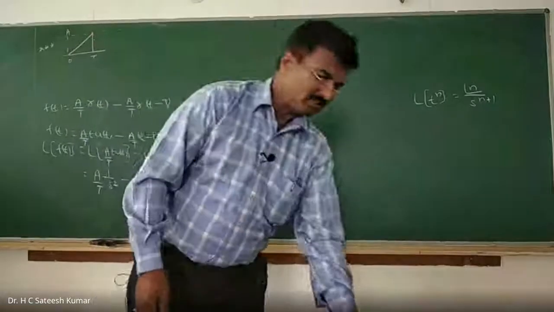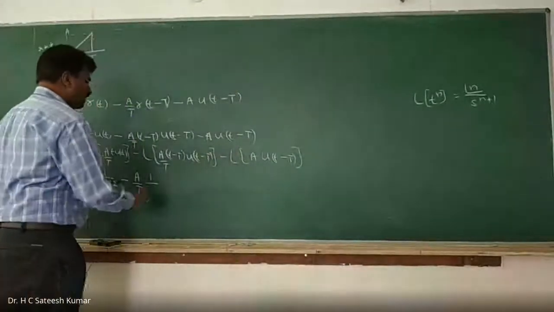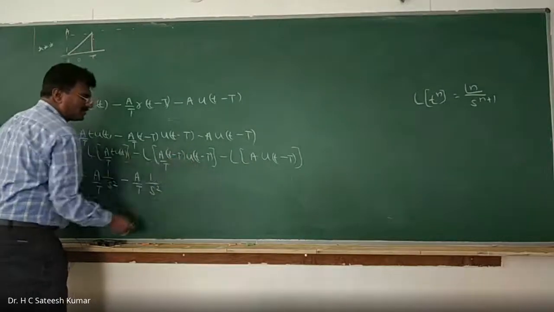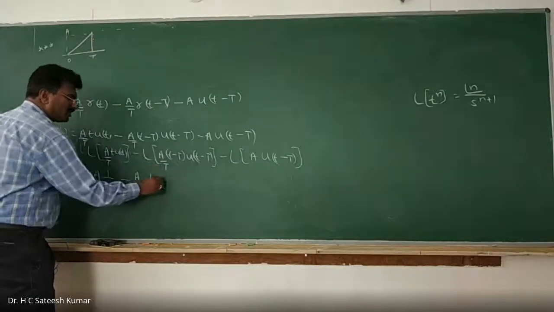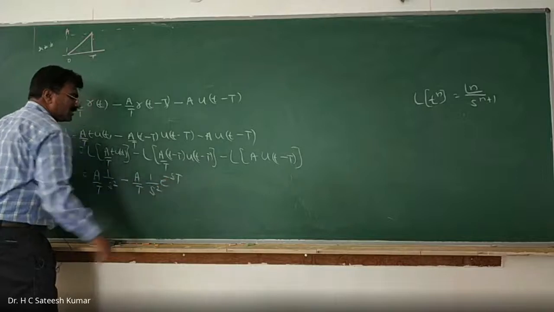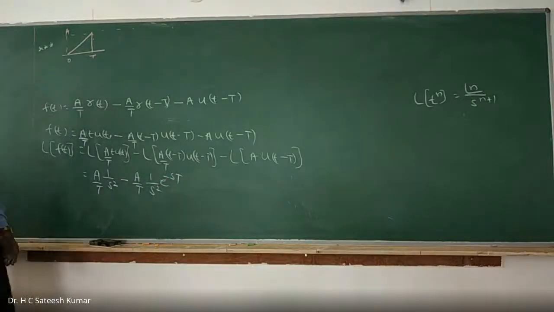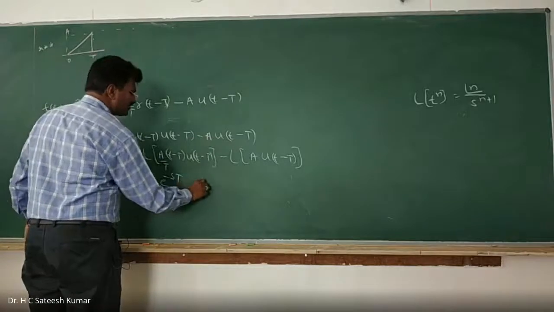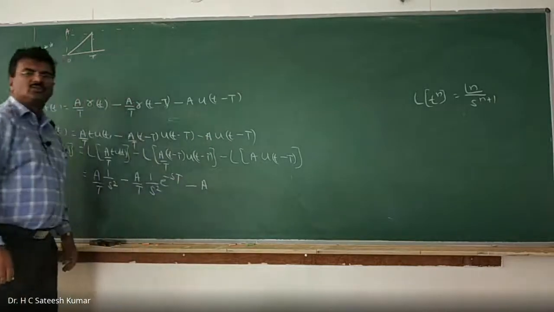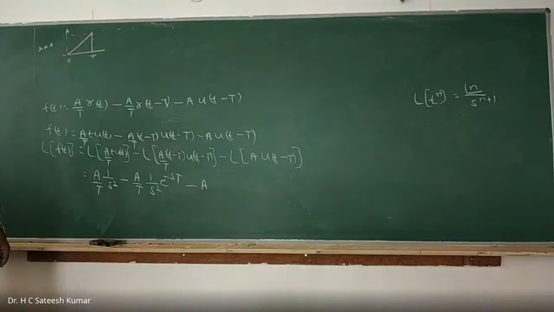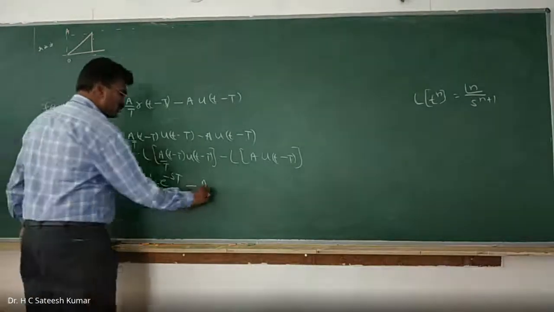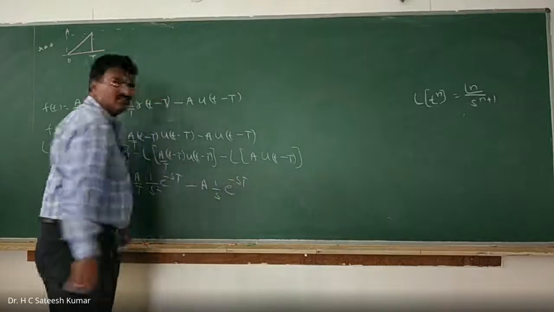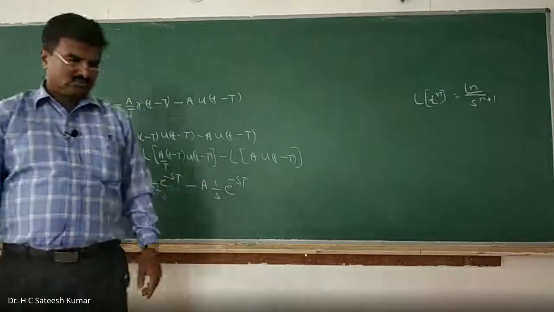Multiply by e to the power of minus st. So 1 by s square, t minus t shifted means e to the power of minus st. Minus a into... here it is a only. U of t Laplace transformation is 1 by s into e to the power of minus st. Here a only, right?